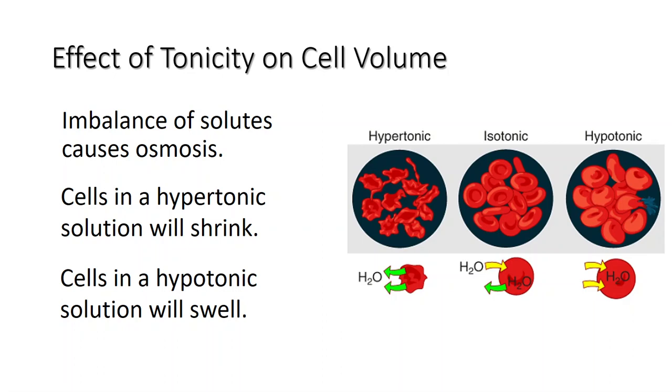A critical aspect of homeostasis in living things is to create an internal environment in which all of the body's cells are in an isotonic solution. Various organ systems, particularly the kidneys, work to maintain this homeostasis.